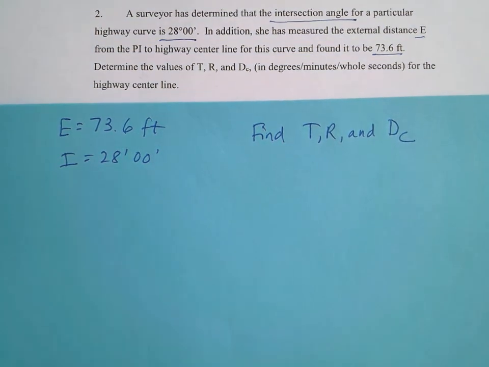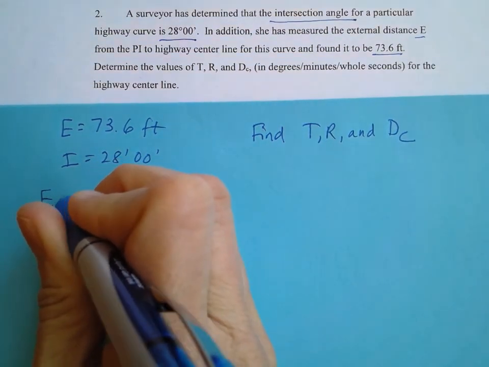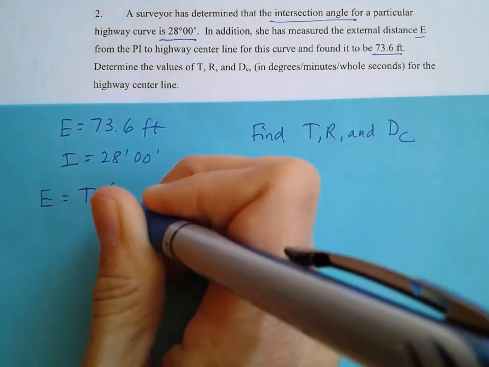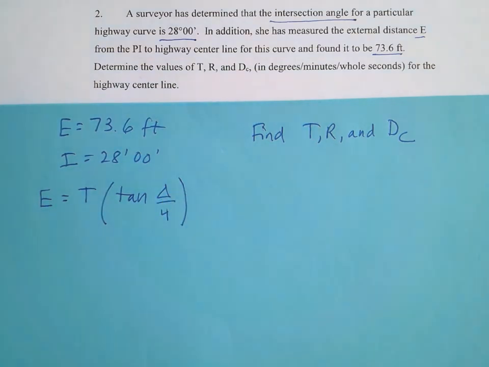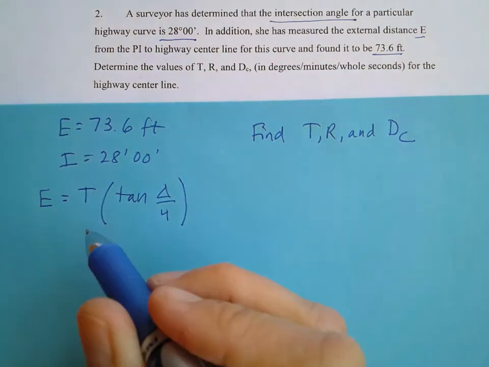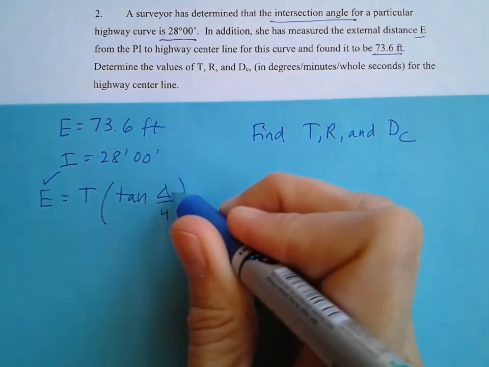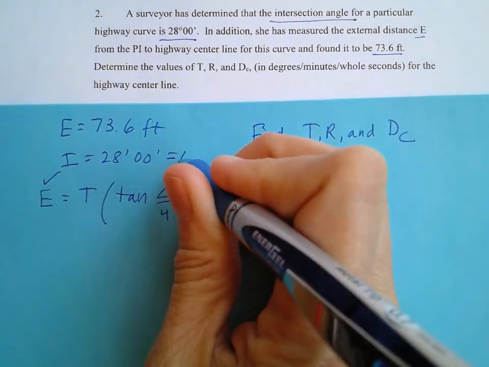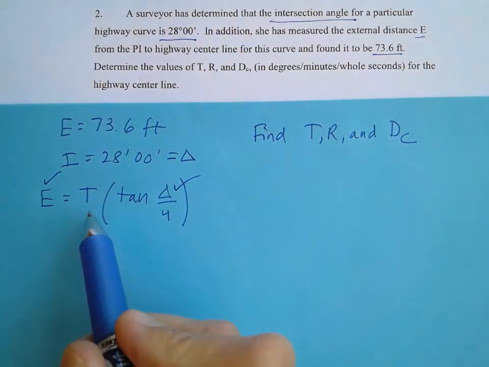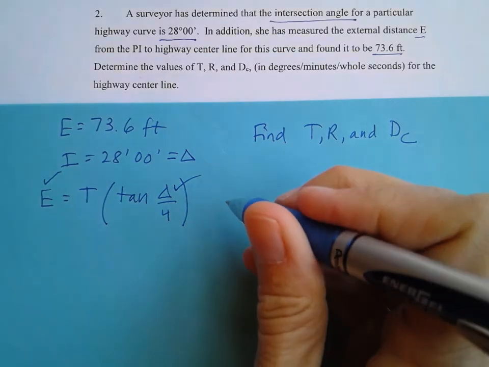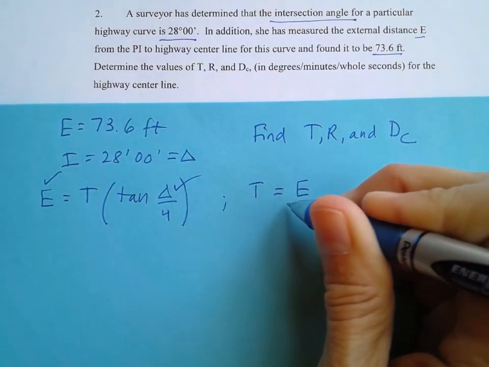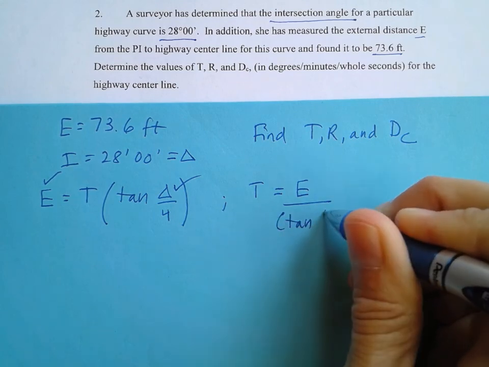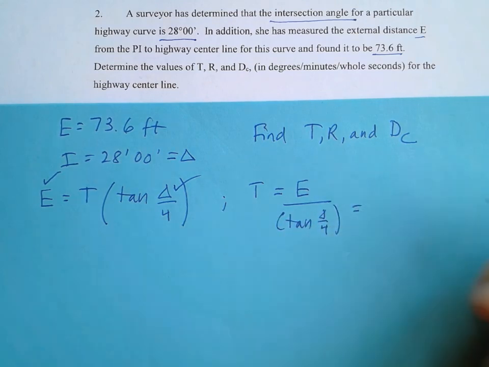So let's start off with that E equation from the formula sheet. E is equal to T times the tangent of delta over 4. In this case, we know the E and we know the delta because remember I is equal to delta. So we need to find the T, so we need to do a little algebra here and rewrite that. T is equal to E over the tangent of delta over 4, and then plug some values in for that.